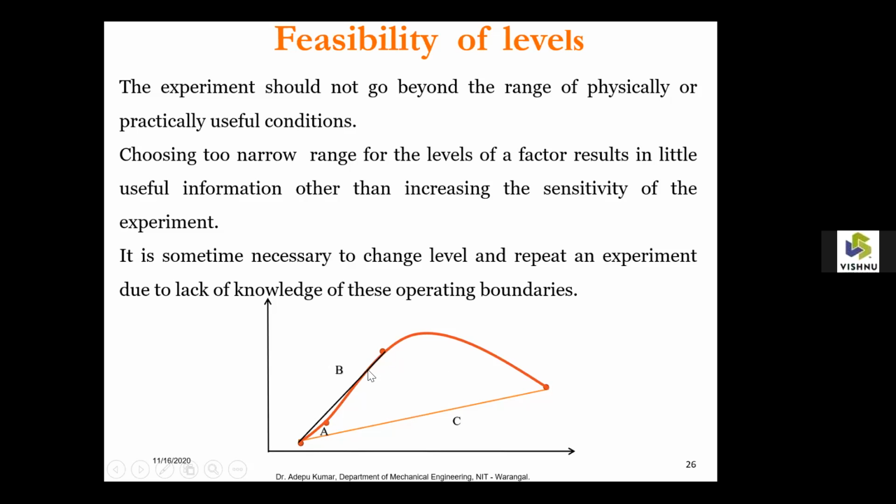He verified with a number of experiments and finally claims that your range is not correct. After some time, somebody else working in the same area has taken this particular range up to this point.